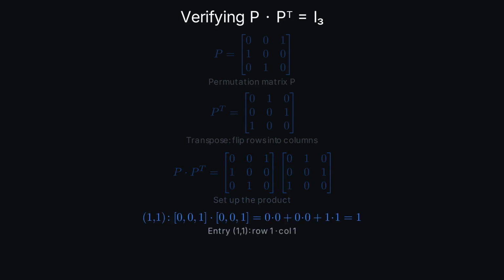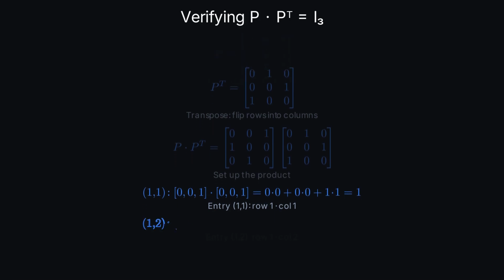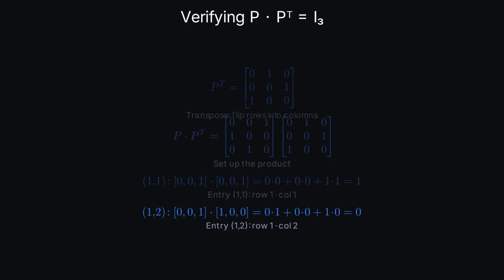For entry 1, 1, we take row 1 of P, which is 0, 0, 1, and dot it with column 1 of P transpose, which is 0, 0, 1. That gives 0 times 0, plus 0 times 0, plus 1 times 1, which equals 1. For entry 1, 2, we dot row 1 of P with column 2 of P transpose, 0 times 1, plus 0 times 0, plus 1 times 0, which equals 0.